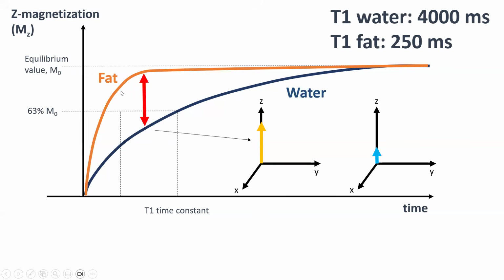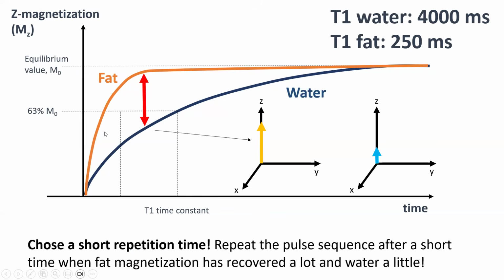We need to do it when fat has recovered a lot and water a little, so where the difference is the biggest. So we basically need a short repetition time. If we choose a long repetition time, these structures will look exactly the same. By choosing a short repetition time, these structures will look very different, and fat will have a high signal, water a low signal.